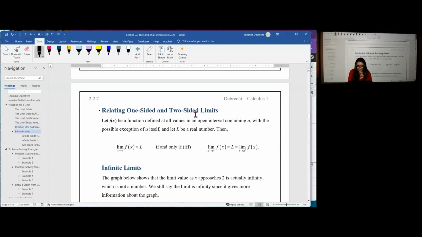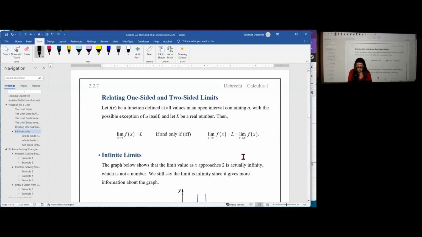Now let's relate one-sided and two-sided limits. When do we have a two-sided limit that exists? Well, it makes sense if you think about some of the graphs that we had earlier, that the two-sided limit without a sign in the power position can only equal L if both one-sided limits exist and they're both the same number.